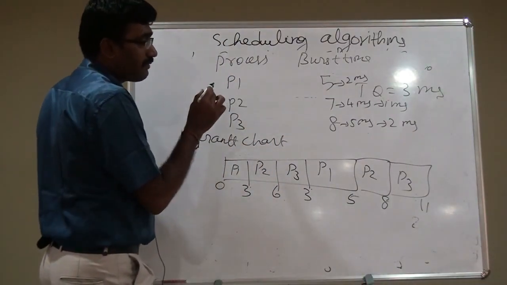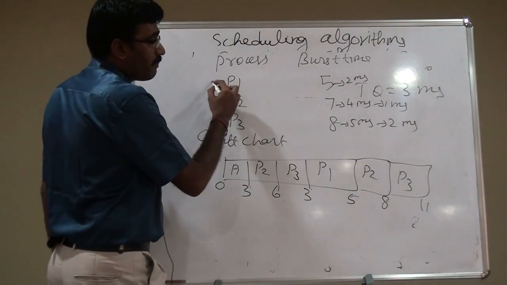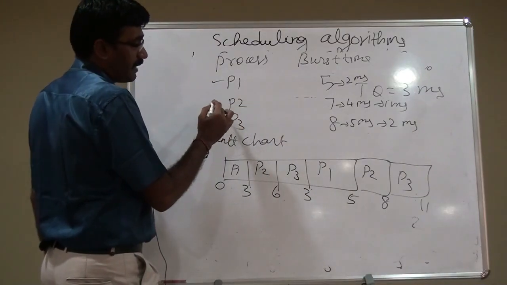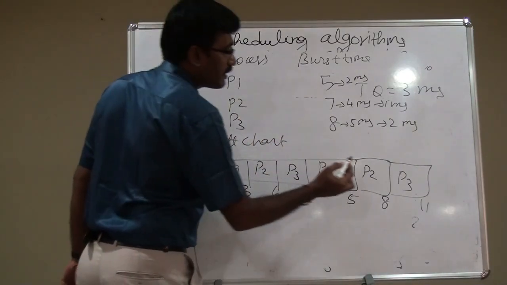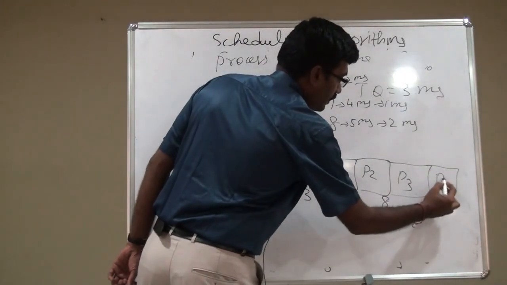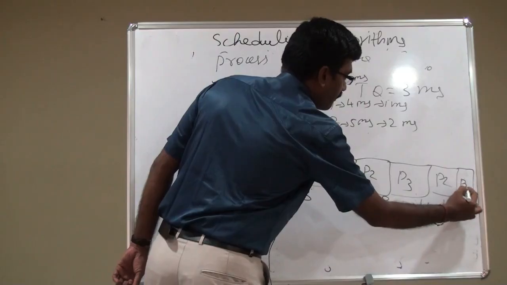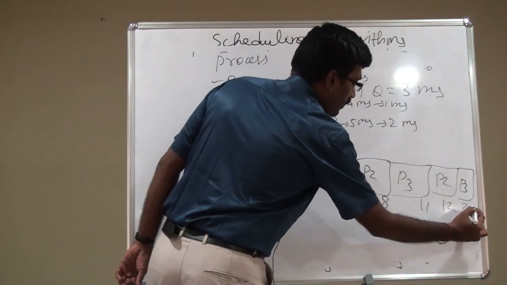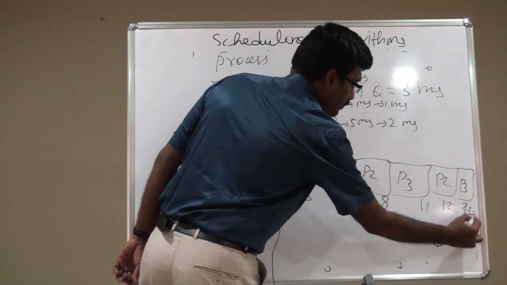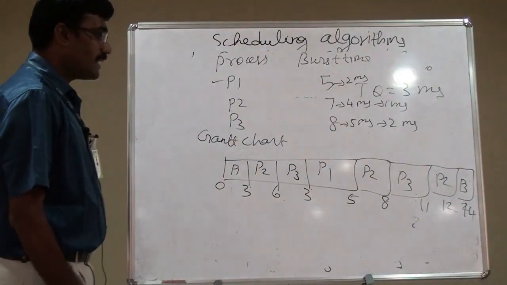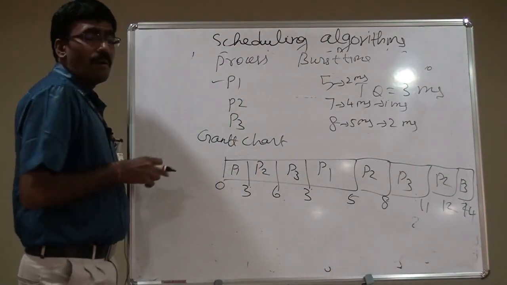Then again go to the first one. P1 has completed its entire burst time, then P2 has only 1 millisecond, which is executed, and finally P3's 2 milliseconds, so 14. This is the Gantt chart for the round robin.